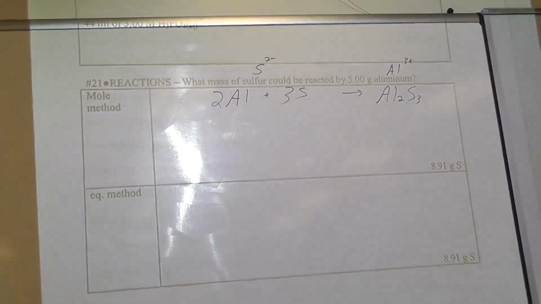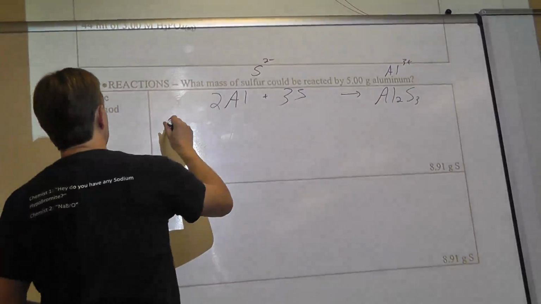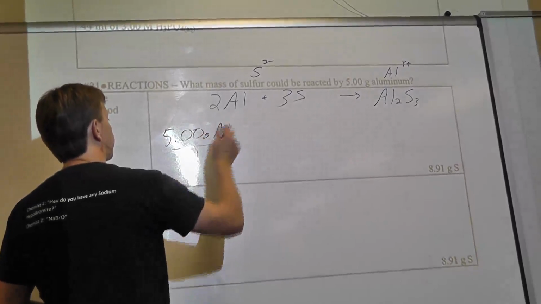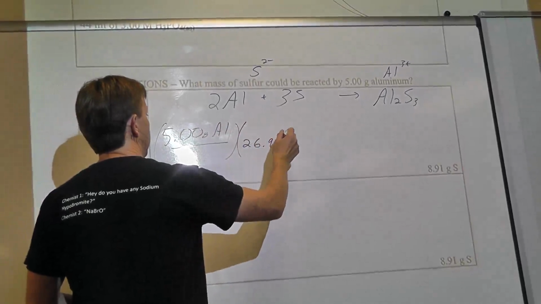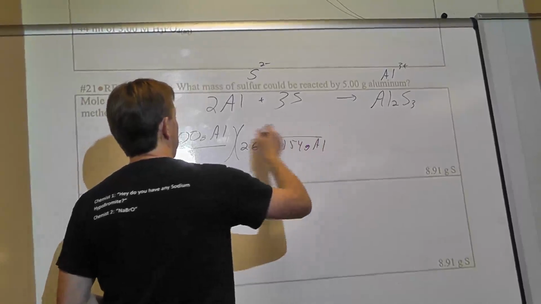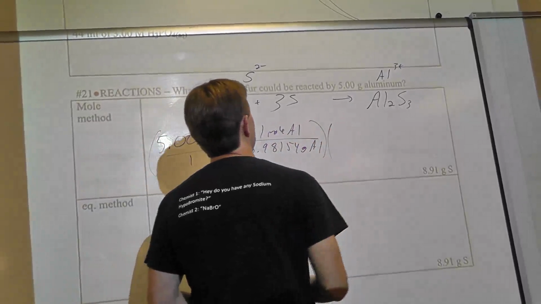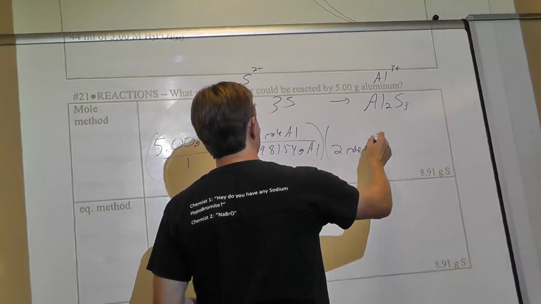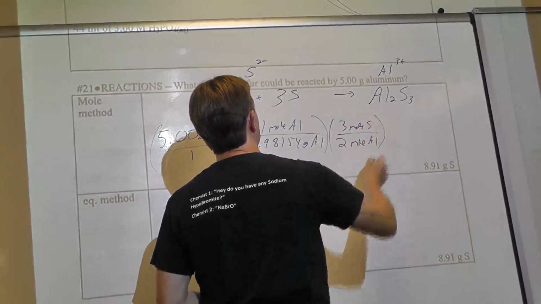And then after you've got all that done, then you can actually start on the math, which would look like this. 5 grams of aluminum, 26.98154 grams being a mole. Two moles of aluminum react with 3 moles of sulfur.